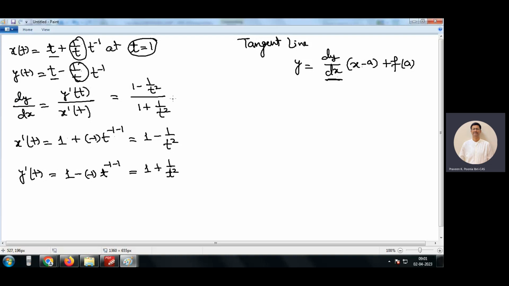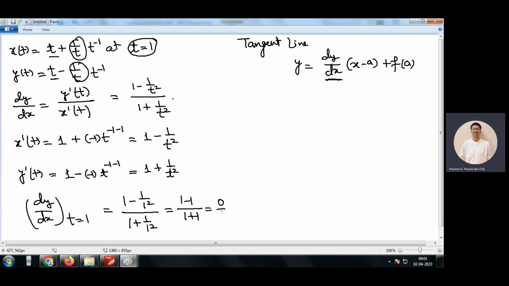But what we need to find is the value of dy by dx at t is equal to 1. So it is 1 minus 1 upon 1 squared upon 1 plus 1 upon 1 squared. 1 upon 1 squared is 1, so it is 1 minus 1 and 1 plus 1. So this is 0 upon 2, so 0. The slope here is 0.